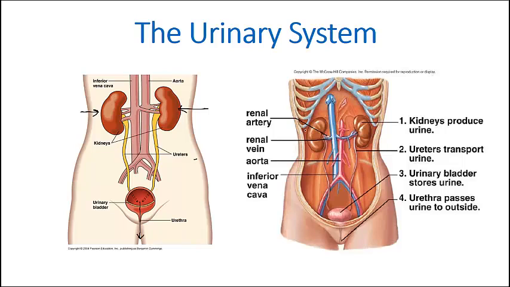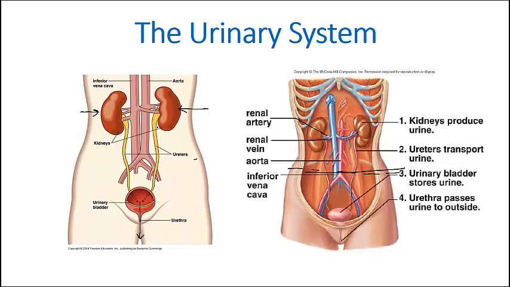Now if you look at this picture, it will give you an idea about the position of the kidney. The kidney is a bean shaped organ and it is placed slightly above your waist. This is the range where the kidney is placed, and it's mostly toward the back side of our body, not in the front.